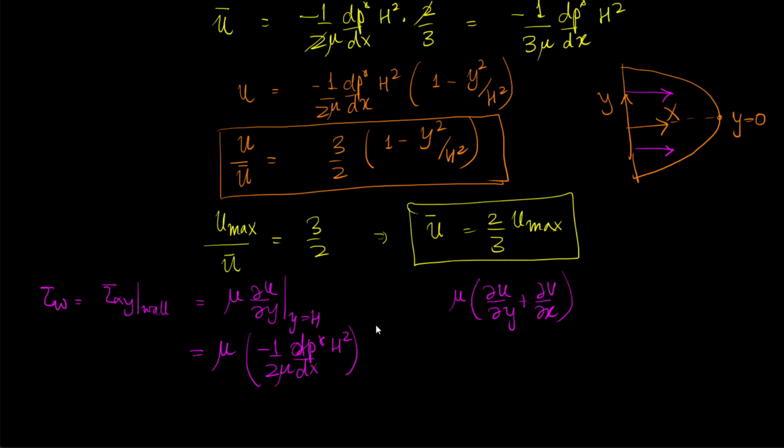Now the derivative of 1 minus y square by h square would be minus 2y upon h square, and we will evaluate at the walls. The walls are located at y equal to plus minus h. So this mu cancels out, this 2 cancels out.